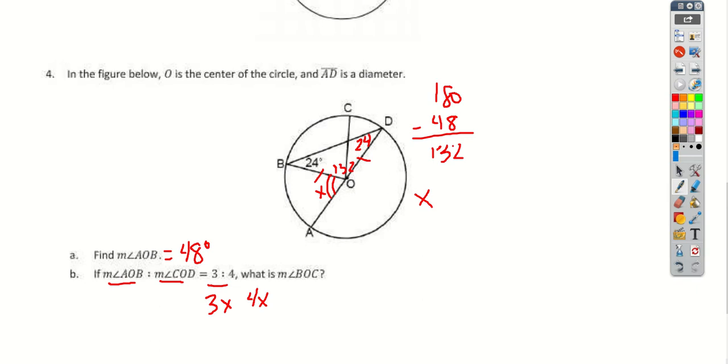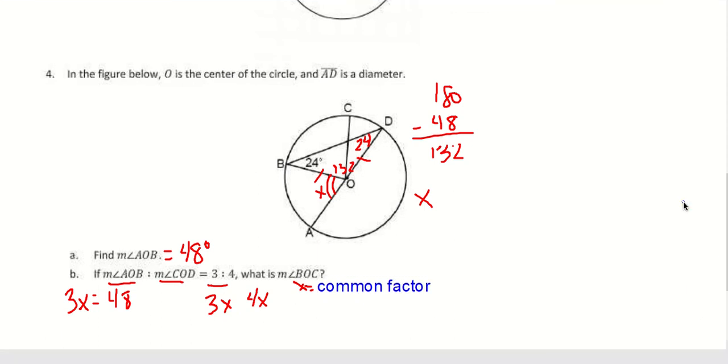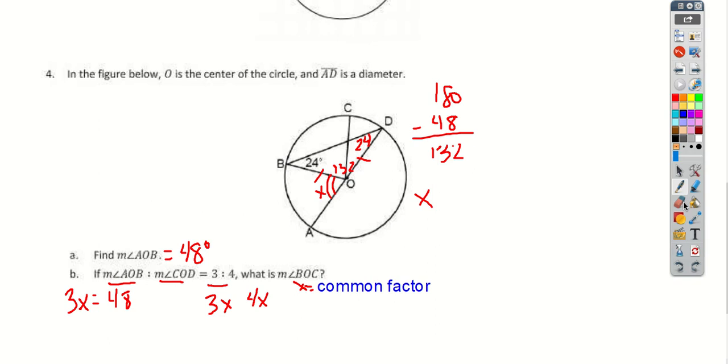Now we know angle AOB is already 48 degrees. So we would have an equation that says 3x has to equal 48. Remember, x is referred to as our common ratio, or common factor. What are we multiplying both 3 and 4 by? So when I divide out by 3, I end up getting an answer of 16.